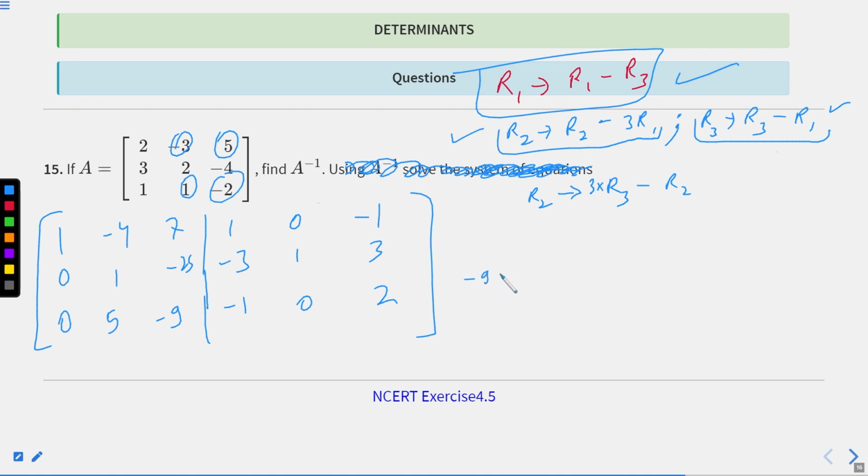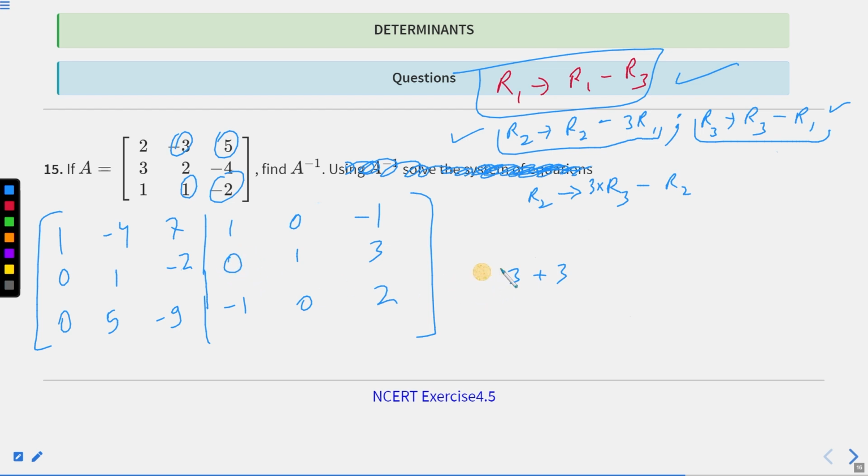Simple. So minus 9 multiplied by 3, minus minus 25, you will have this, so this will be 27. Now you will have minus 2, just minus 2. Clear? Okay. Now for this, minus 1 multiplied by 3. Minus of R2 means minus minus 3, so minus 3 plus 3 means 0 here.